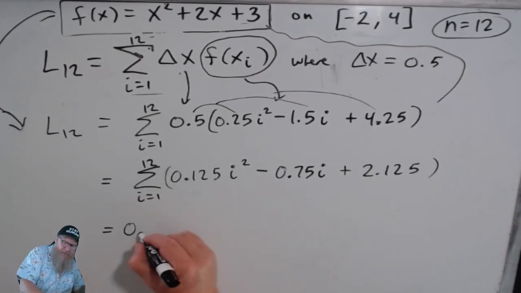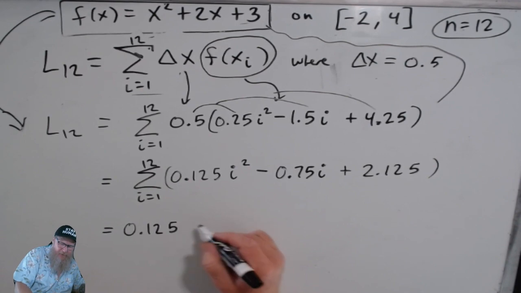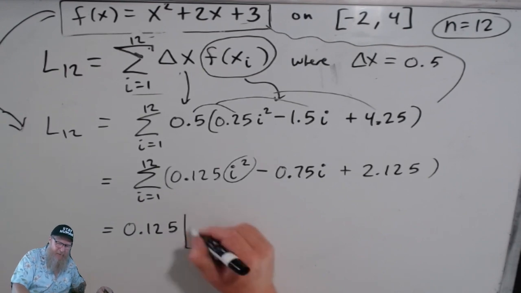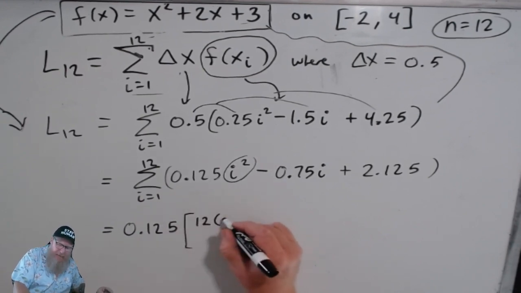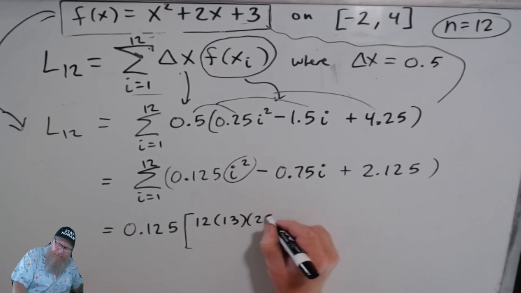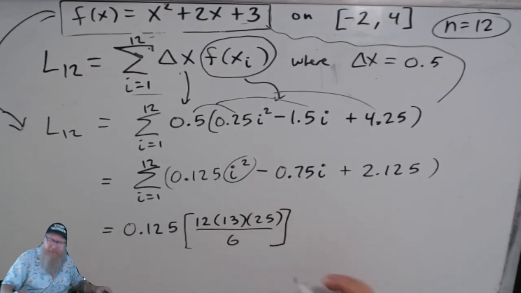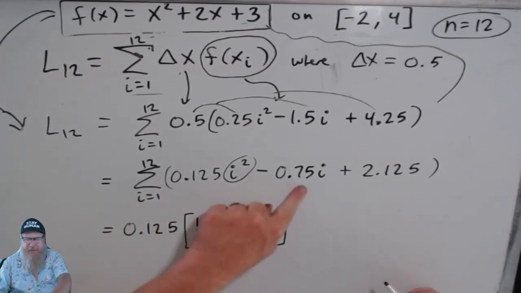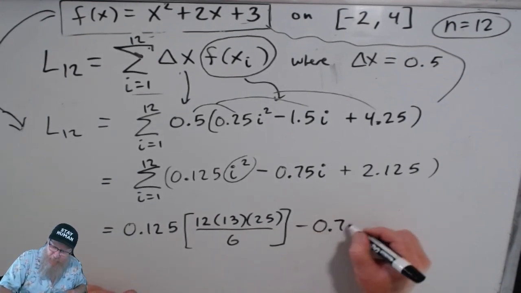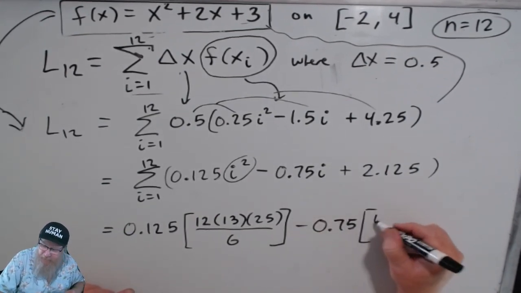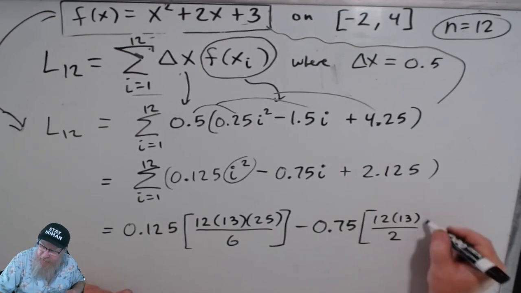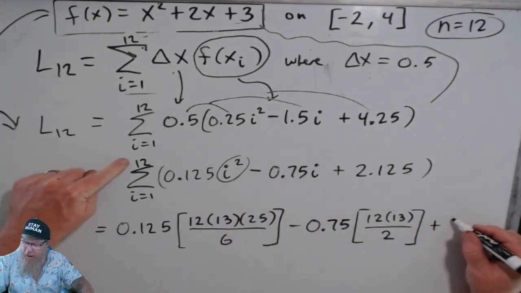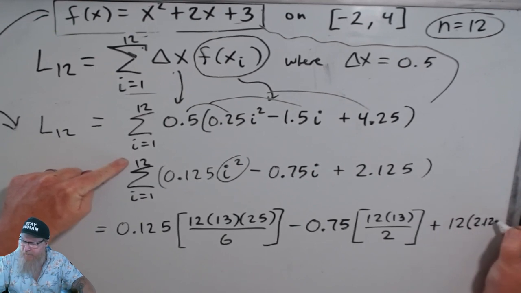We're going to pull out these constants anyway, so I might as well just do that now. And then we're going to apply the i squared formula. So that's 12, 13, 25, all over 6. Should be the same as last time. Yeah. That first term doesn't change. These terms will be slightly different. So 0.75 times 12 times 13 divided by 2. And then for the last one, it's going to be 12 times 2.125.